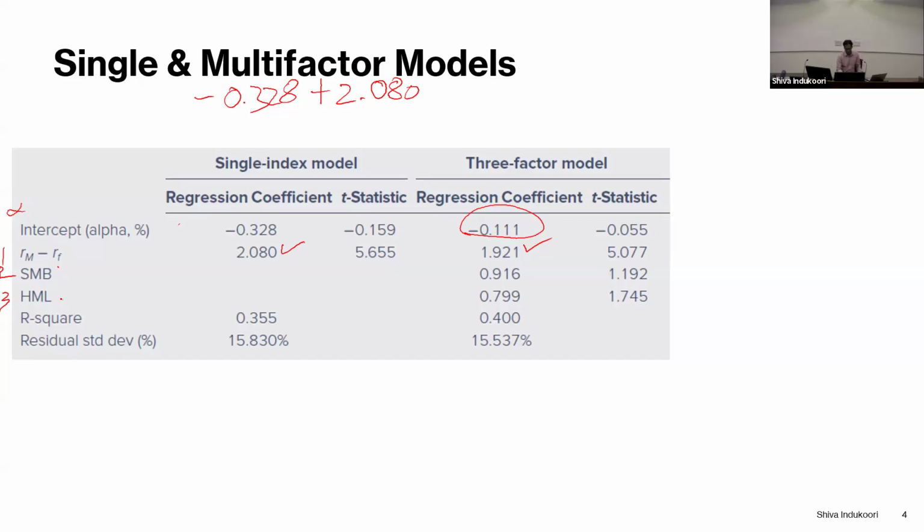Here in this case, they have it 2, and SMB, which is small minus big, has given a beta of 0.916. And HML, high minus low, has given a value of 0.799. Can any one of you add these 3 and deduct this because this is negative? If that is positive, you will add all 4.